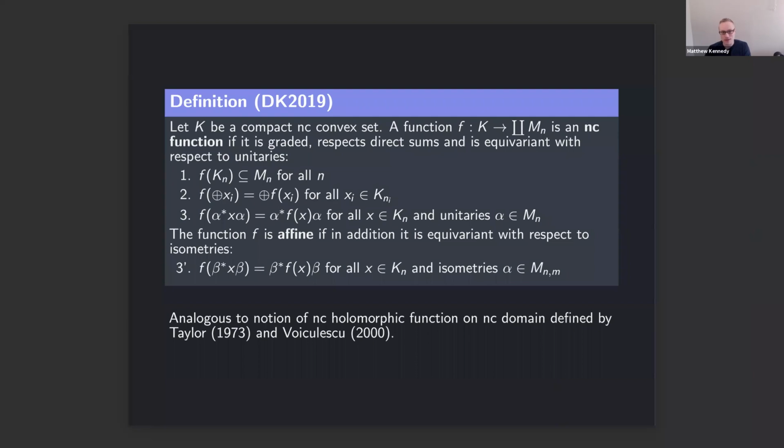In fact, if you replace this condition of unitary equivariance with a similar condition using similarity by invertible operators, that is actually basically the definition of an NC holomorphic function. So there's something going on here which is very interesting. What this is saying is essentially that NC holomorphic functions will often be examples of NC functions in this sense. Okay.